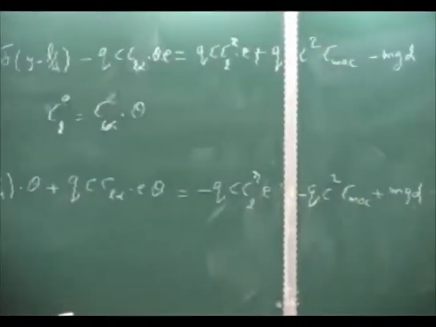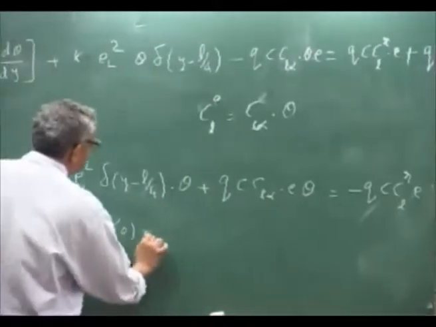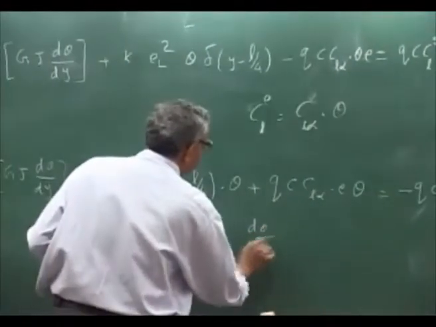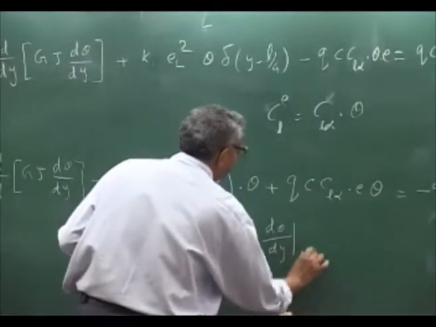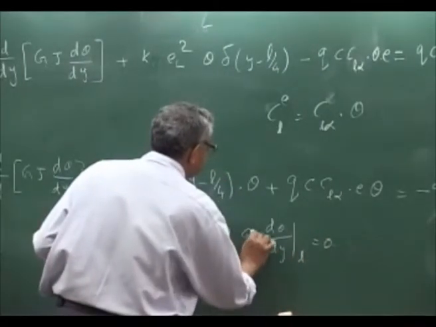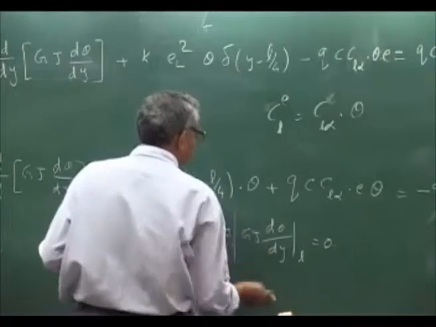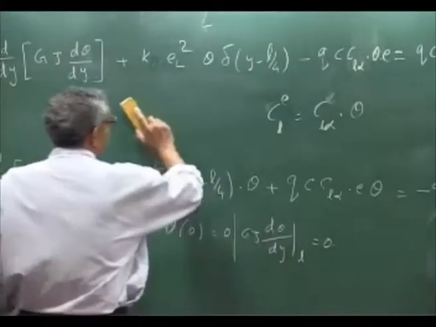With the boundary conditions theta at 0 is 0, and d theta over dy at L is 0, that is GJ.